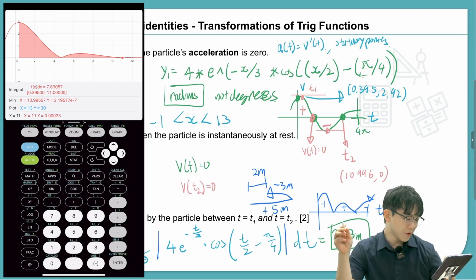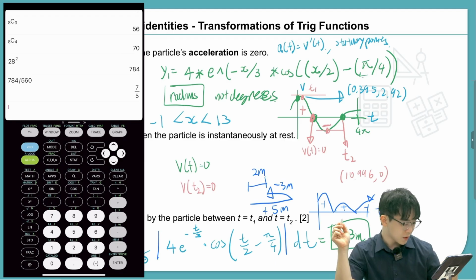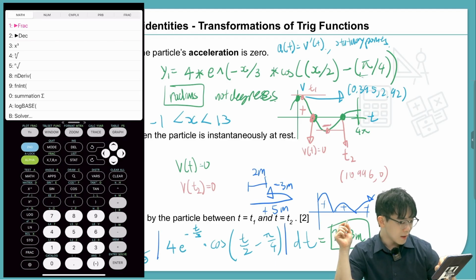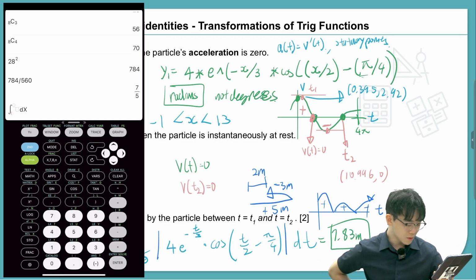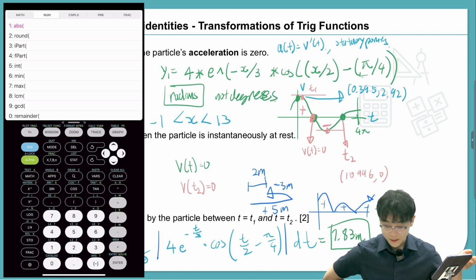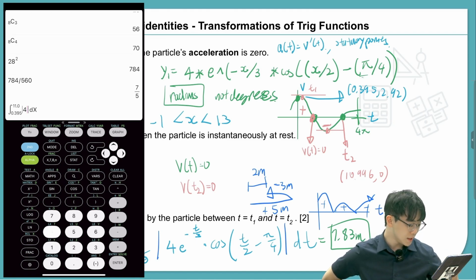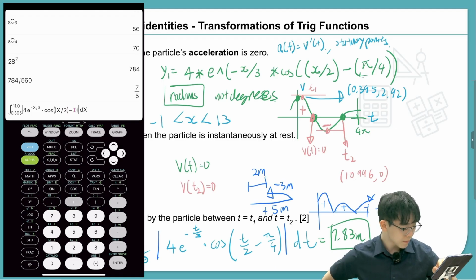Okay, so you could do that on your calculator in the graph mode, or you could go to math, FN integral, and there's a way where you can just input the whole expression again. So 0.395, 11.0, and then I would put in my absolute value sign, and then I would write in 4 times e to the power of negative x over 3 times cosine of brackets x over 2 minus pi over 4, close brackets, right?